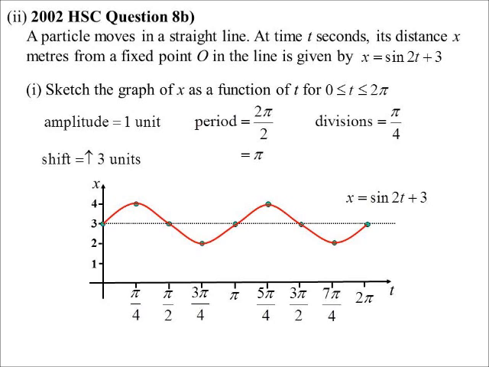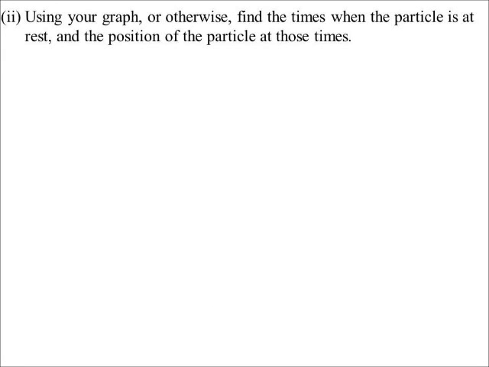Okay, using our graph, or otherwise, find the times when the particle is at rest and the position of the particle at those times. And this is a case where 'or otherwise' would probably be silly, because we can just read off the graph. We know it's going to be at rest at the stationary points, because that's when the first derivative, which is velocity, will equal 0.